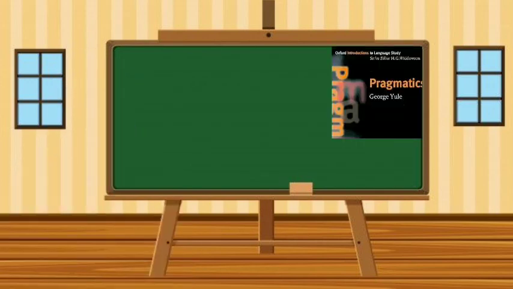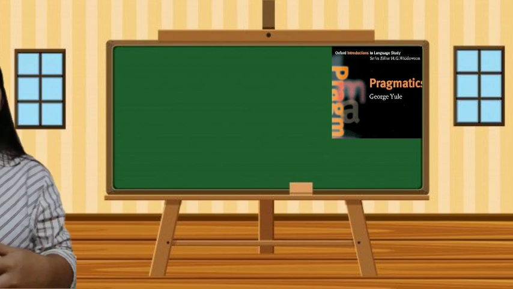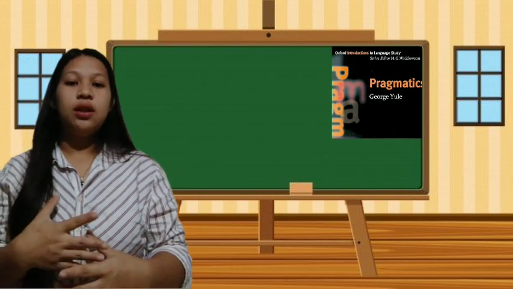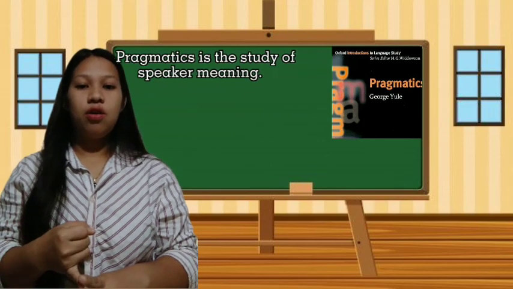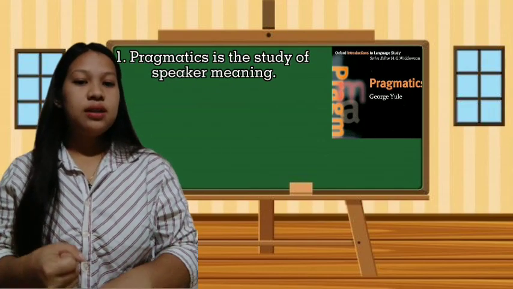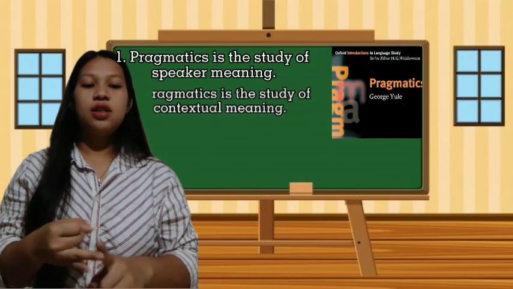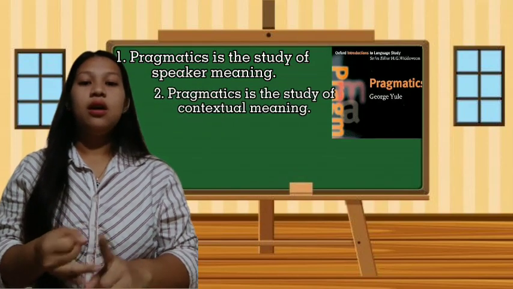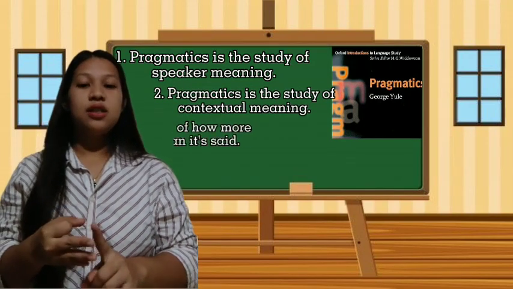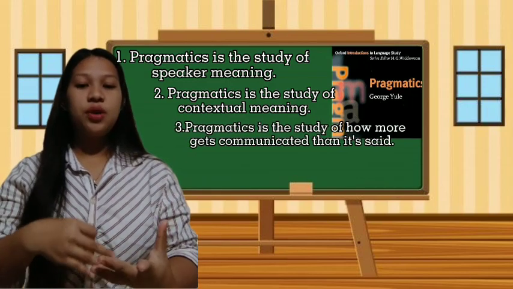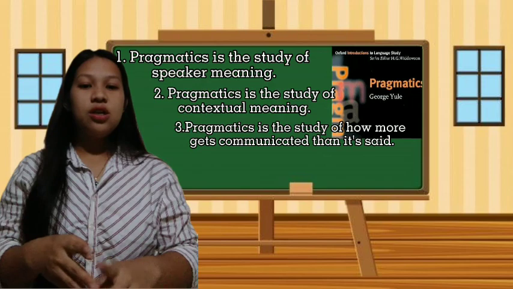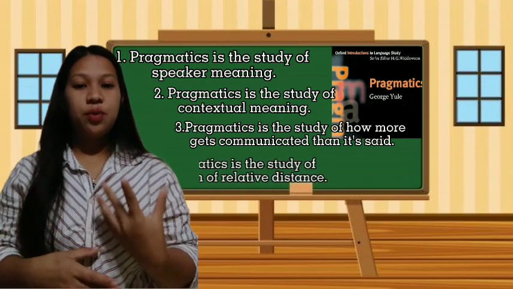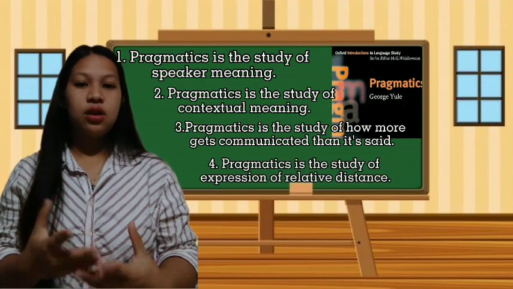The four definitions that George Yule gave: pragmatics is the study of speaker meaning. Second, pragmatics is the study of contextual meaning. Third, pragmatics is the study of how more gets communicated than is said. Lastly, pragmatics is the study of the expression of relative distance.